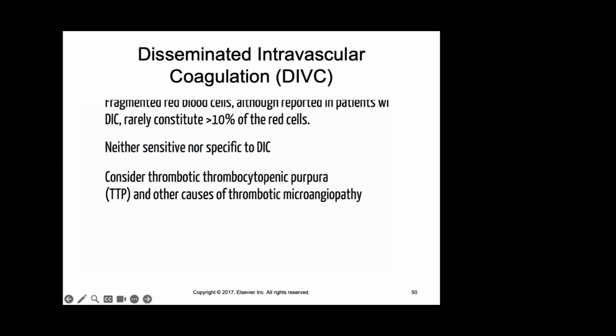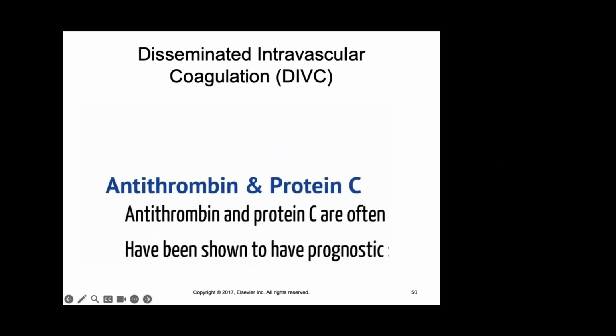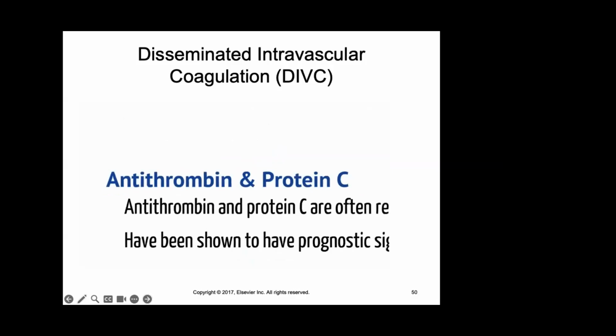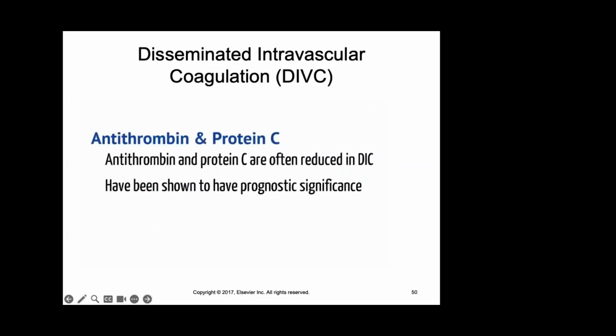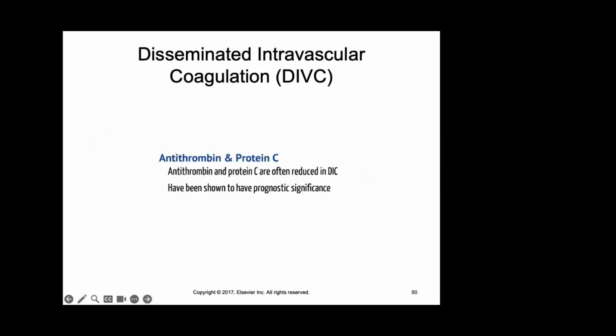So really, when you see schistocytes, consider other things that could be causing it, such as thrombotic thrombocytopenic purpura or other microangiopathies. Now, let's talk about antithrombin and protein C. Antithrombin and protein C are involved in the coagulation cascade and are often reduced in DIC. Though they do not diagnose DIC, they have been shown to have a prognostic significance.